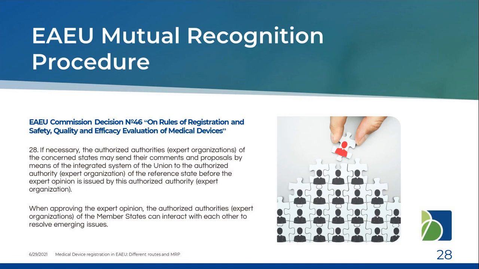If necessary, the authorized authorities of the concerned countries may send their comments and proposals by means of the electronic system of the Union to the authorized authority before the expert opinion is issued. When approving the expert opinion, the authorized authorities of the concerned countries can interact with each other to resolve emerging issues.